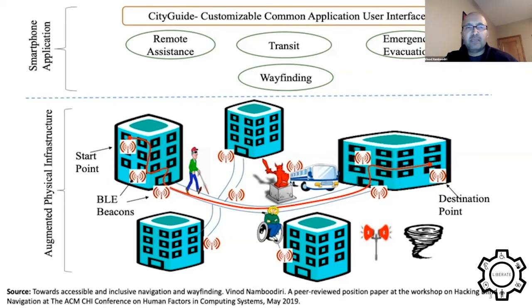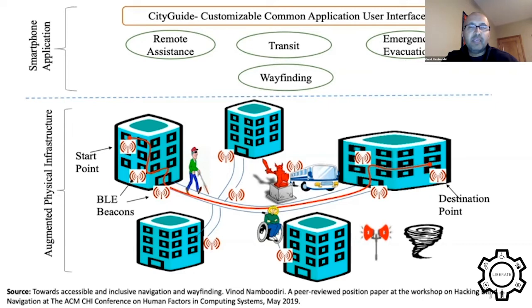To give you an example, if somebody is indoors in a building, GPS wouldn't work. So if you want location information, for example, a blind individual who wants to know how to get to a restroom, those kinds of turn-by-turn navigation instructions are currently not available. I'm interested in augmenting the physical infrastructure, going beyond GPS so it works in other areas as well.